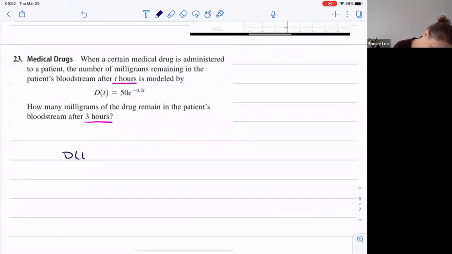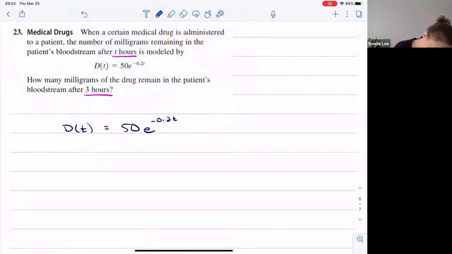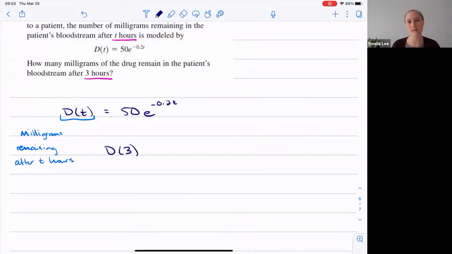So D of T, I'll just write out the model here, 50 e to the negative 0.2 t. And D of T is the milligrams remaining after T hours, right? So what we want to find is D of 3. How much is remaining after 3 hours?